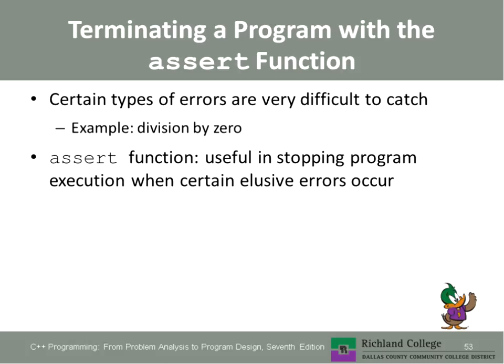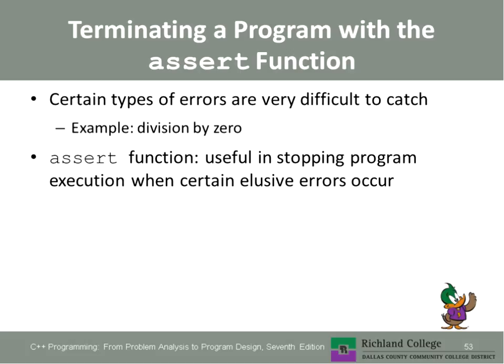If you would have a code, and the code says something like, I don't know, int x and cin x, and then we're going to have cout 5 divided by x.